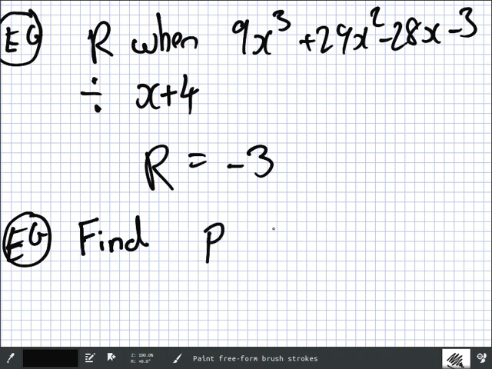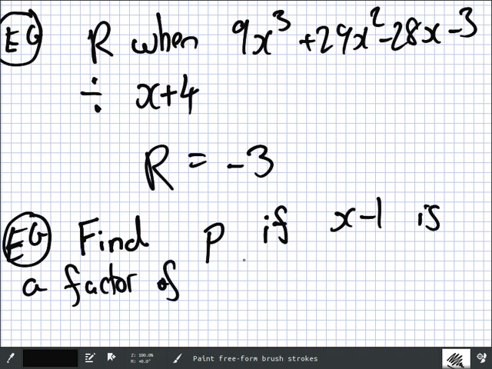Find p if x minus 1 is a factor of 3x cubed minus 9x squared plus 14x plus p.